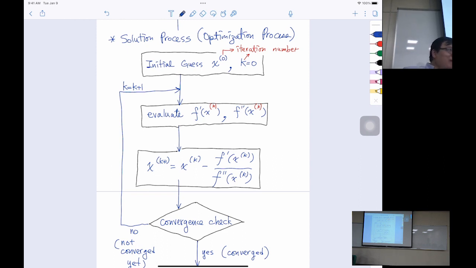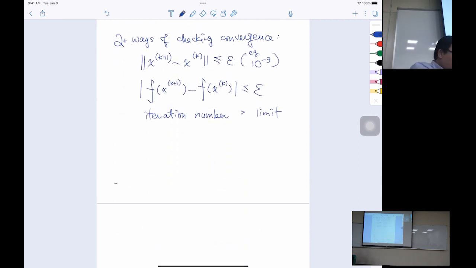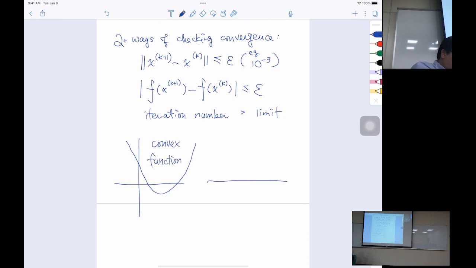So if a function is in this shape, we call it a convex function, and we call this a concave function. In Chinese, it's 凸的 and 凹的. Just helping the Taiwanese. But for English, this is convex, this is concave.